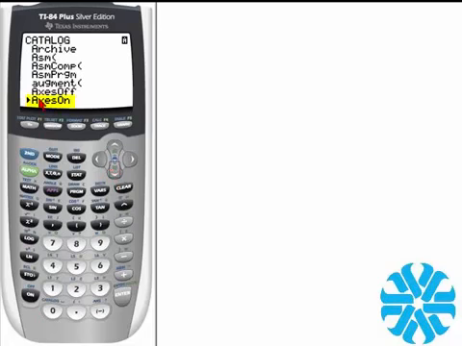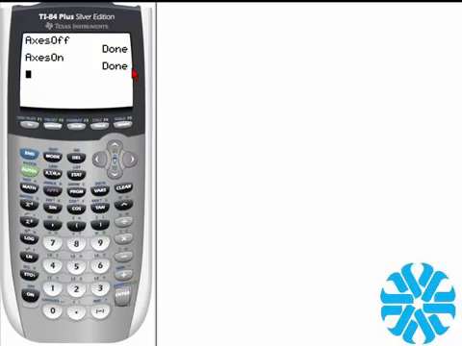And there it is, and we select enter, and then enter one more time, and then it says done, which means that it has been completed, and we can select graph again, and you can see the same curve. So I just wanted to bring this up.